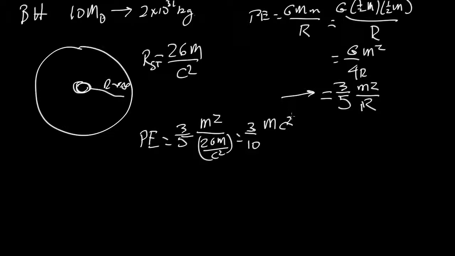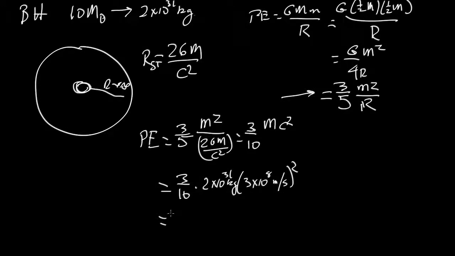So if we put that number in for the relevant values of a black hole, I get 3 over 10 times 2 times 10 to the 31 kilograms times c squared, which is 3 times 10 to the 8 meters per second, whole quantity squared.